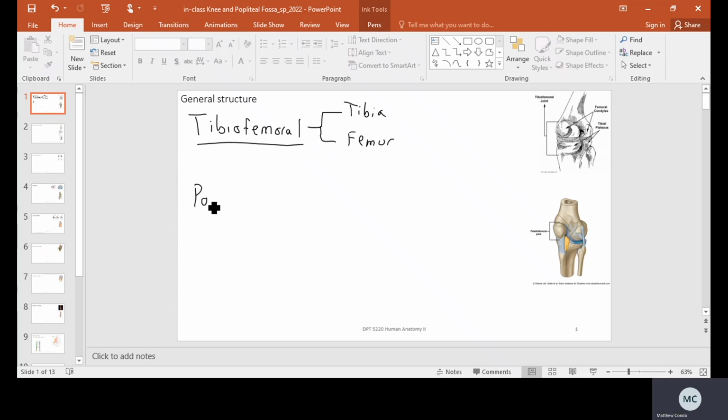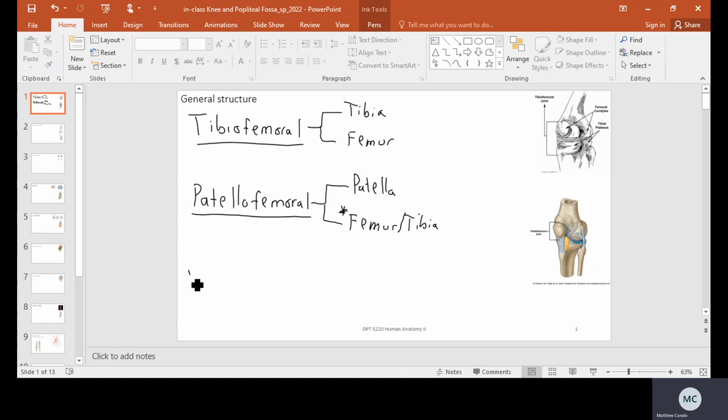We're also going to see the patellofemoral, which is going to be the articulation between the patella and the femur. It's mostly going to articulate with the femur. But as we're going to see, there might be a situation or two where the patella slides inferiorly a little bit.